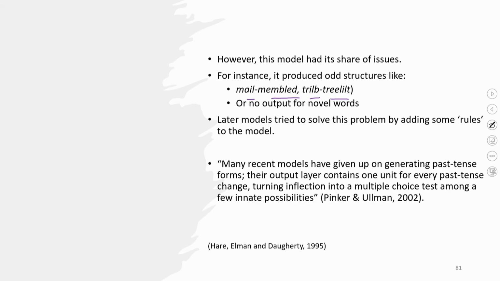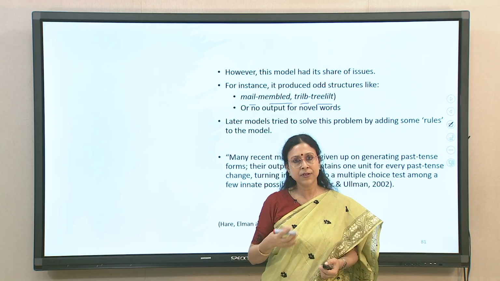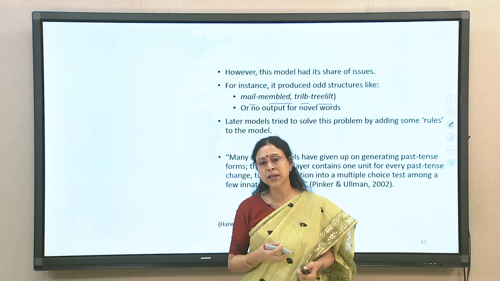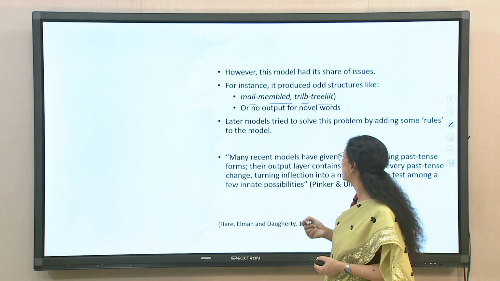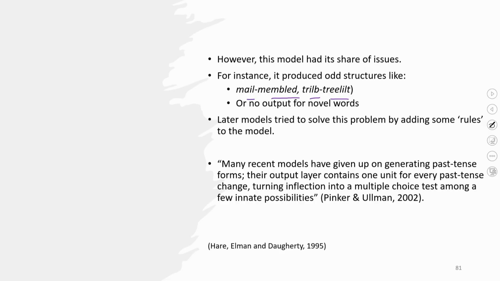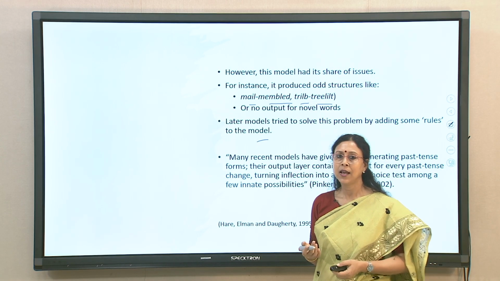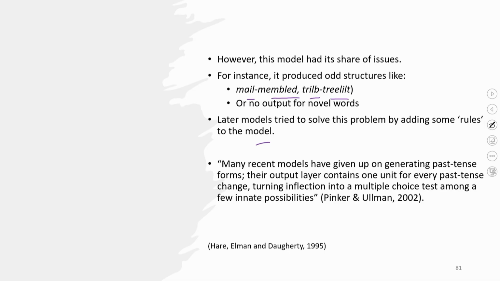Of course, the model has gone through changes. The initial model was given in the 1980s and eventually there have been updates on that model. Later models tried to solve this by adding some rules to the model as to how it really works. And even more recent models, to quote Pinker, have given up on generating past tense forms altogether.